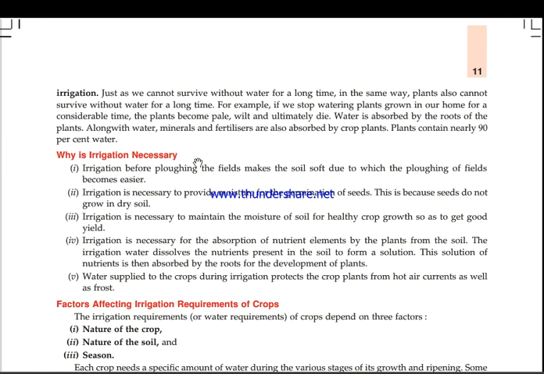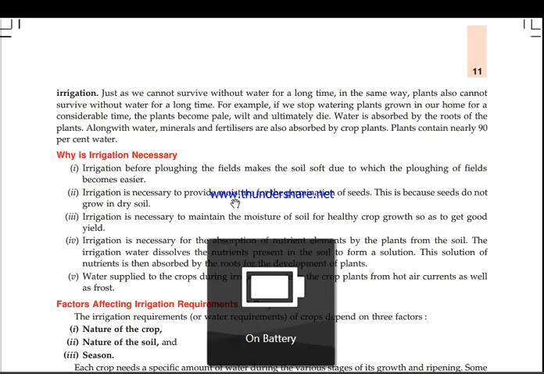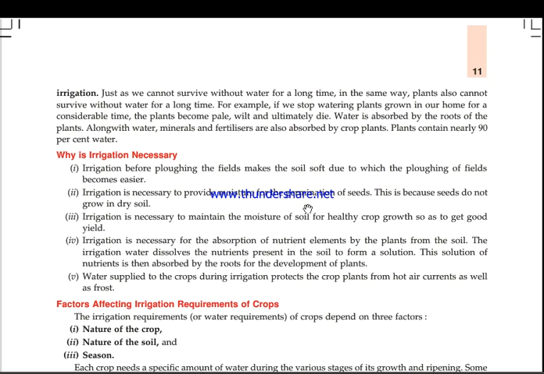Why is irrigation necessary? Because irrigation provides softness to the soil while we are plowing the field. The soil becomes soft and it is easier in plowing. The second benefit is it helps to provide moisture to the soil, and this moisture helps in the germination of seeds.